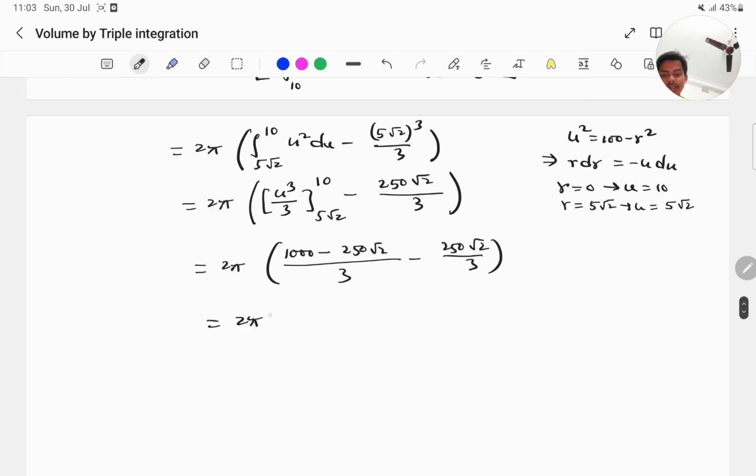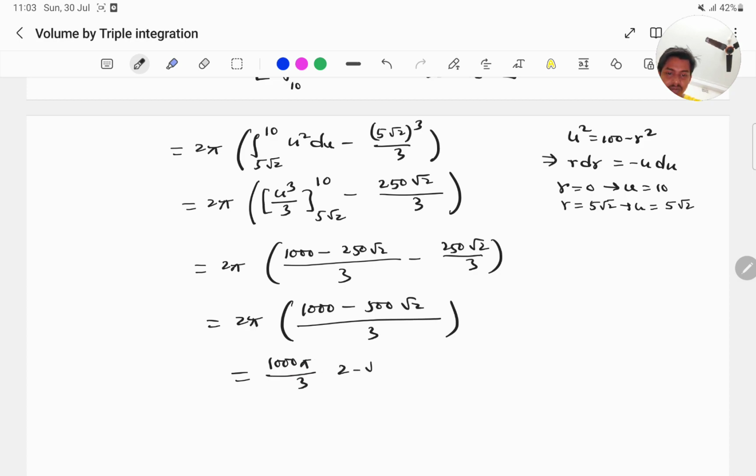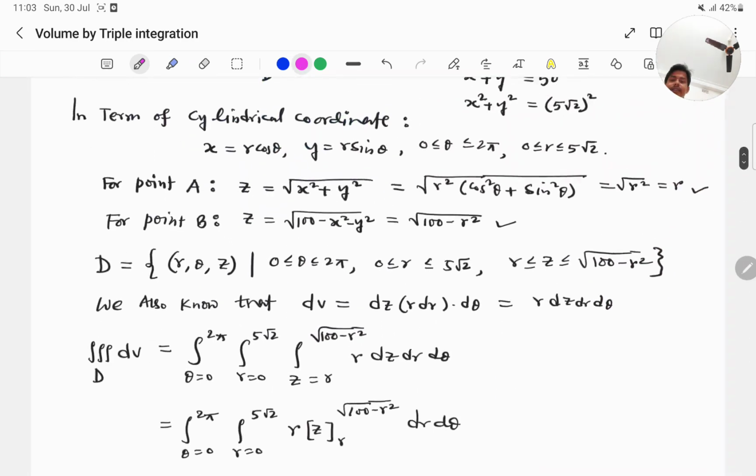So this is 1000 minus 500 square root of 2 divided by 3. If you factor out 500, you should get 500 divided by 3 times 2 minus square root of 2. So this is the required volume of the solid that we have.